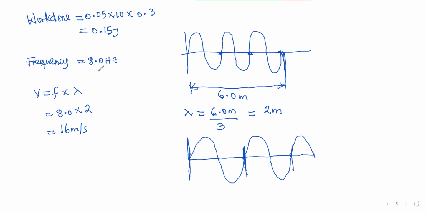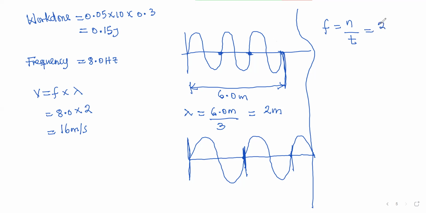Okay, so what is the frequency? Let's define frequency as the number of complete cycles divided by time. So if we use this, we have 1, 2 cycles. And what's the total time? 0.10.